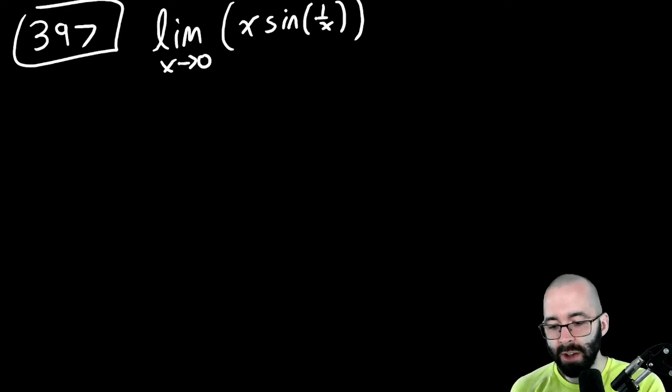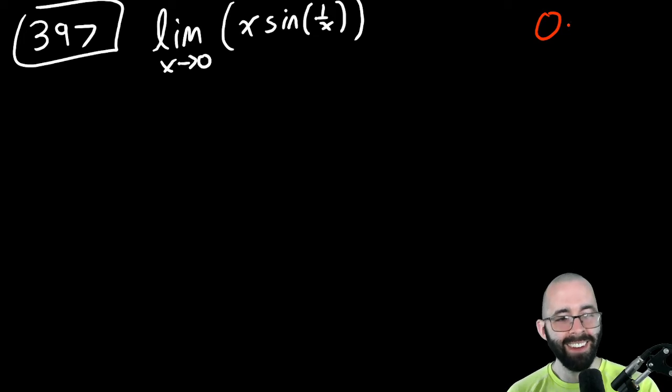Let's evaluate it and see if we get 0. Direct substitution is going to be 0 times the sine of infinity. This is 0 times something. I don't know. I'm not convinced we can use L'Hopital's rule here.